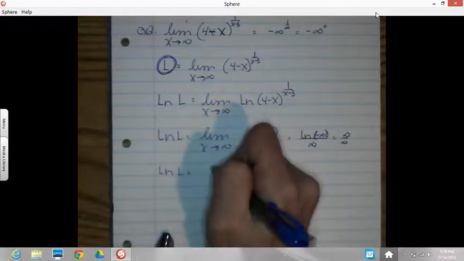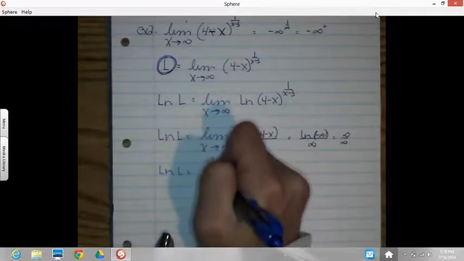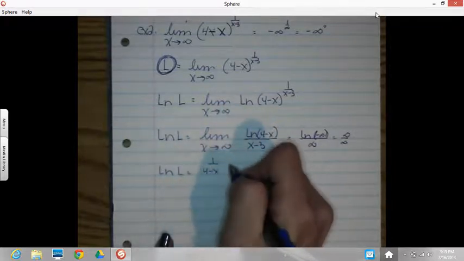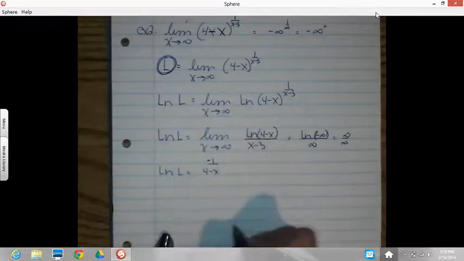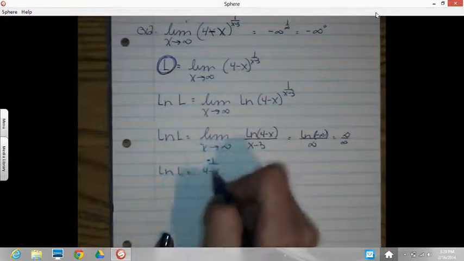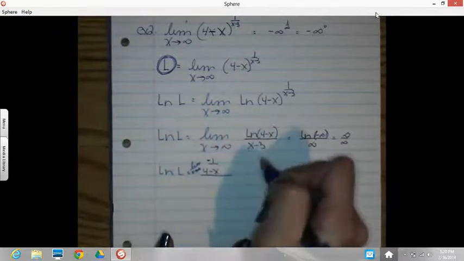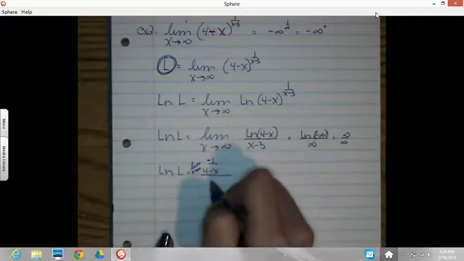So I'll get 1 over 4 minus x times the derivative here, which would be a negative 1. Let's put it in the top. Oh, I forgot my limit. All over the derivative of this, which is going to be a 1.